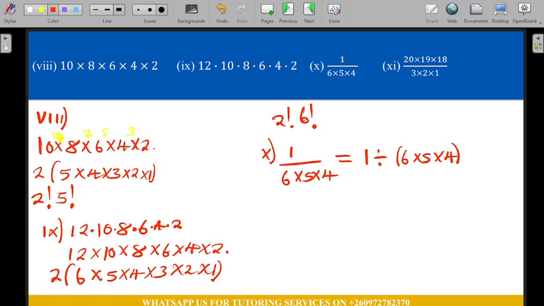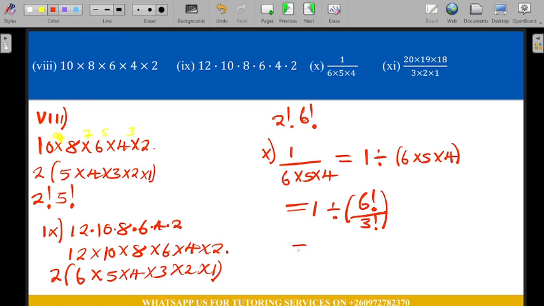That's the other way we can write it. Now this is 1, divided by, open. Between 6 and 4, no number is missing. So we'll start with 6 factorial over. We're ending at 4, so 4 minus 1, that's 3 factorial.